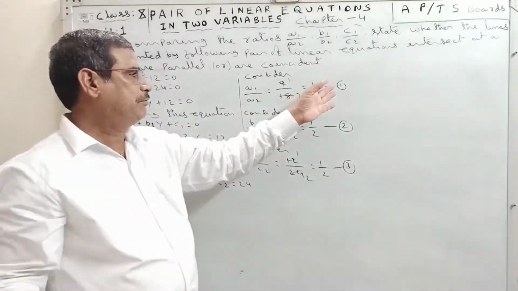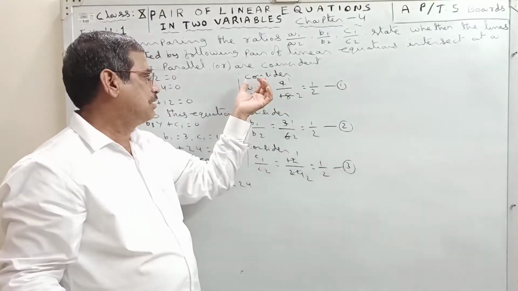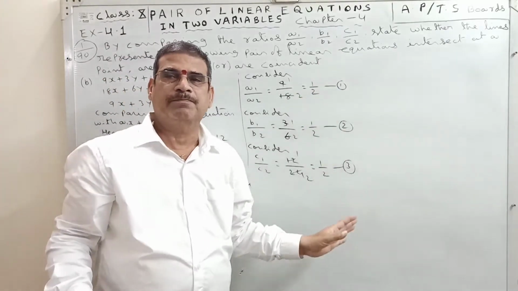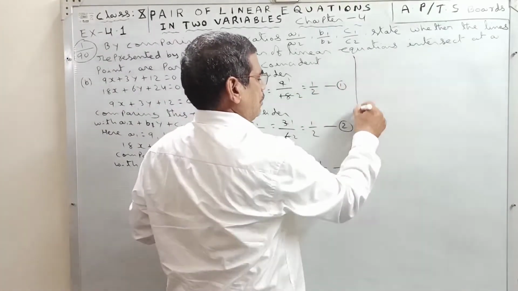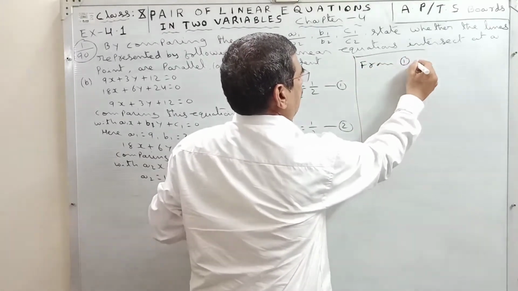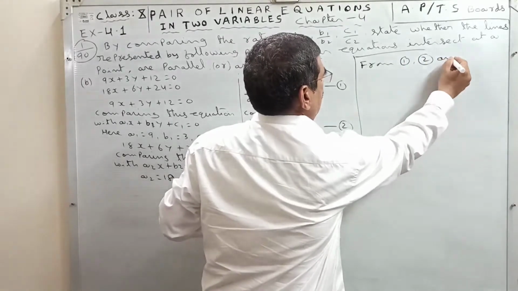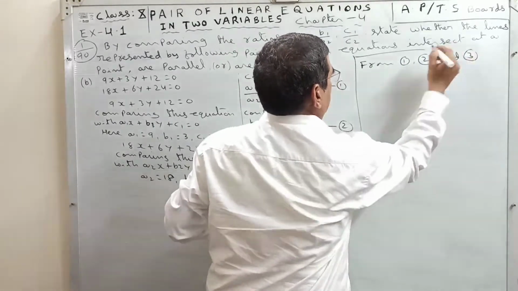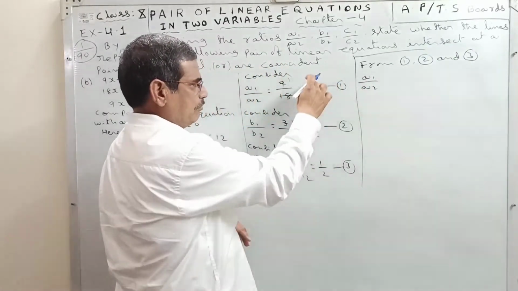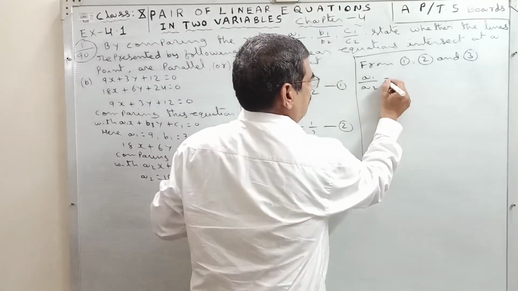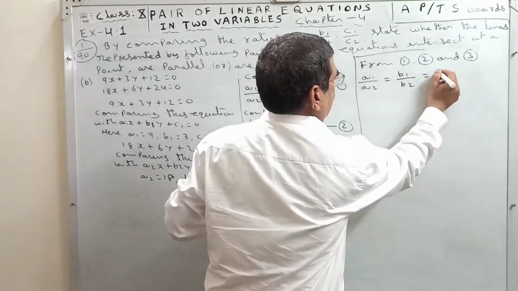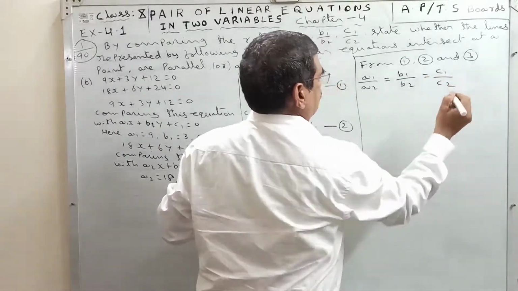So from 1 to 3, what are the values of a1 by a2, b1 by b2, c1 by c2? 1 by 2, 1 by 2, 1 by 2. They are the same. So a1 by a2 is equal to b1 by b2, which is equal to c1 by c2.